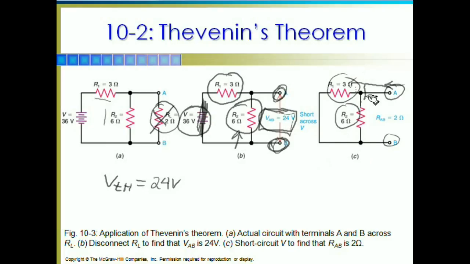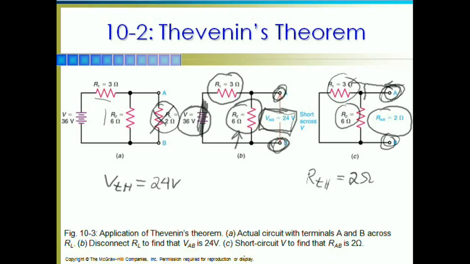Do the math to get the equivalent. You'll find that your Thevenin equivalent resistor equals 2 ohms. So that's what you would see measuring back. If you were to stick an ohm meter out here, you would see a Thevenin equivalent of 2 ohms.